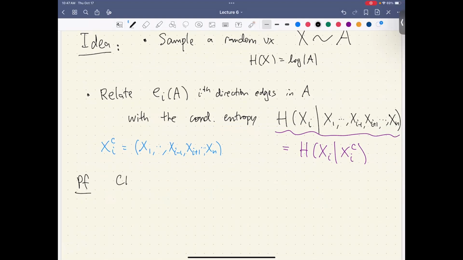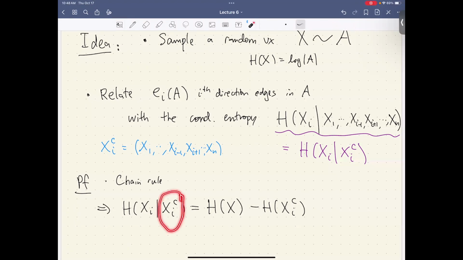By chain rule, we have the conditional entropy of xi given xi^c equals the entropy of the whole vector minus the entropy of the vector with xi removed. This is just the chain rule. Remember, the union of xi^c and xi is X.